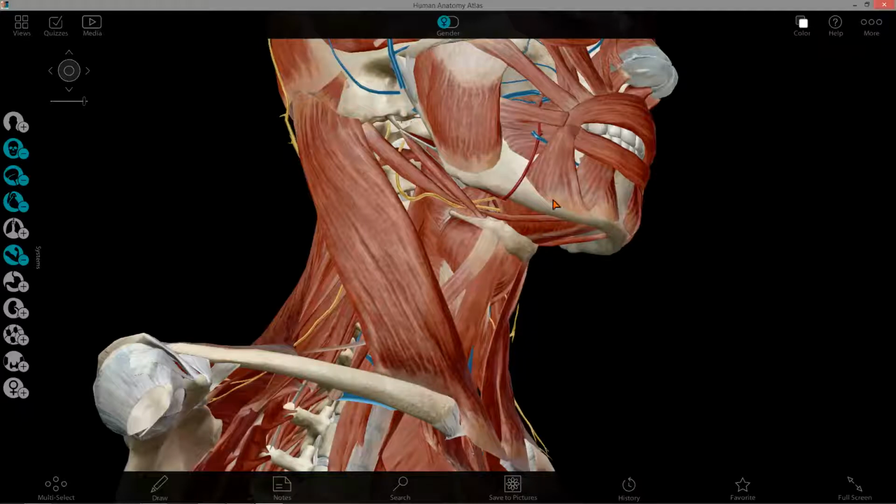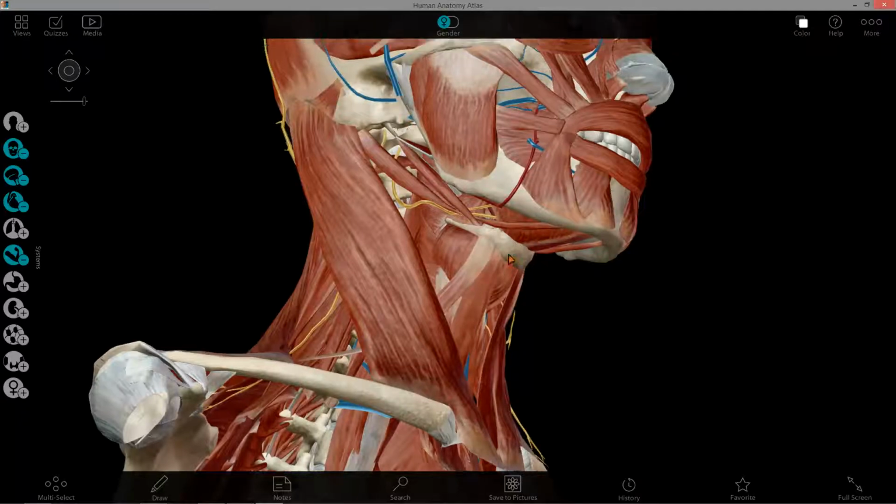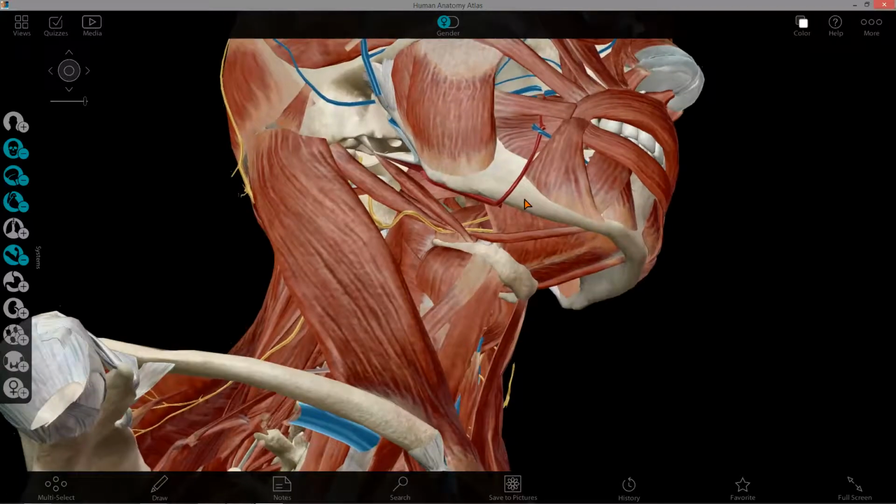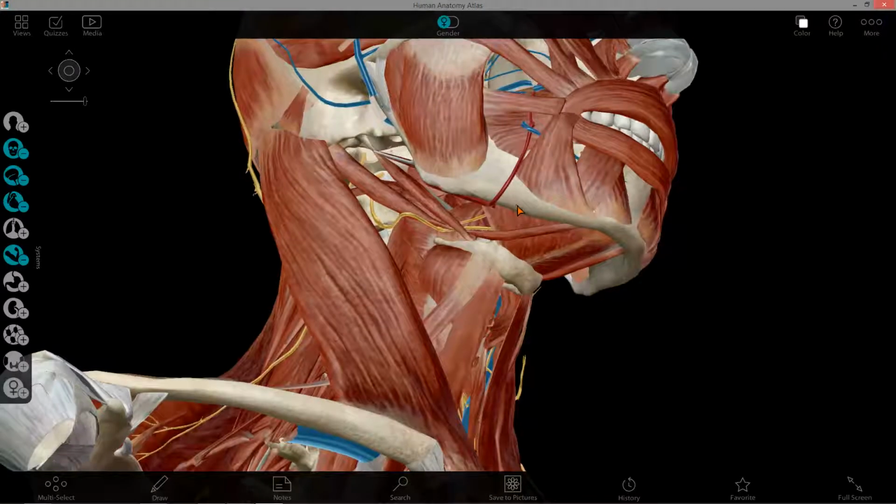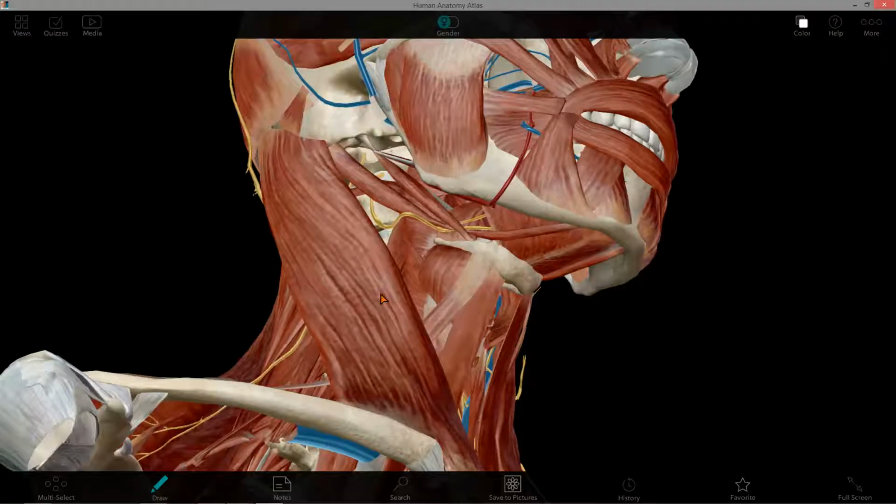So you can split the anterior triangle into that suprahyoid and infrahyoid, and then we can further split the suprahyoid into a series of 2 triangles. So there is the digastric or submandibular triangle. I'm going to call it the digastric triangle, but it also goes by submandibular.